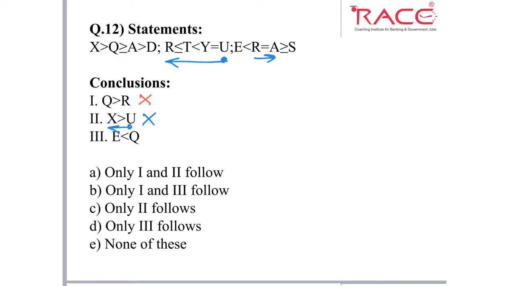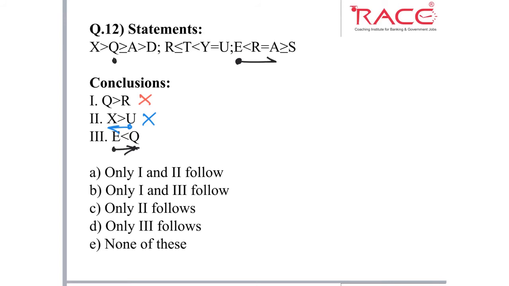Now we'll check the third conclusion. In the third conclusion, we will move from E to Q. Where do we have E? E we have in the third statement and Q we have in the first statement.